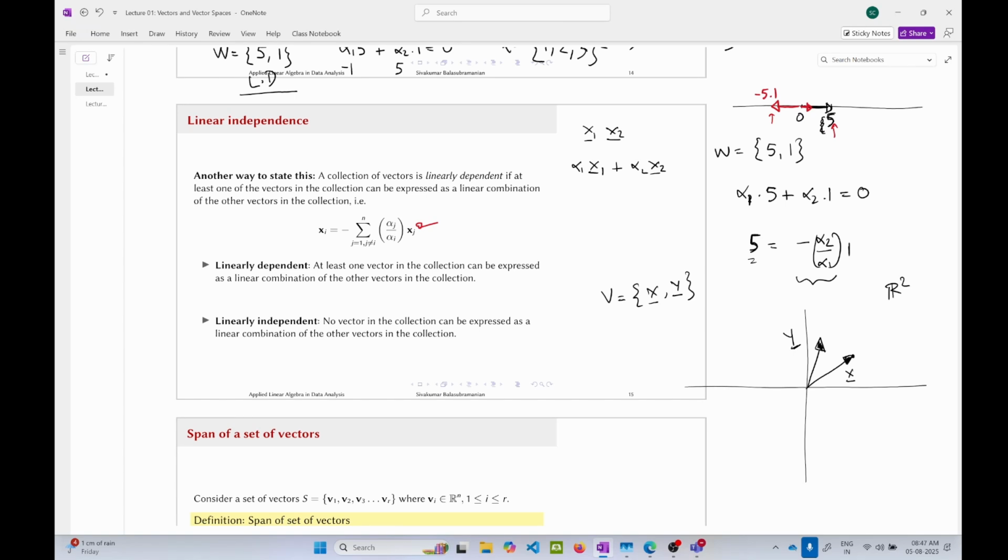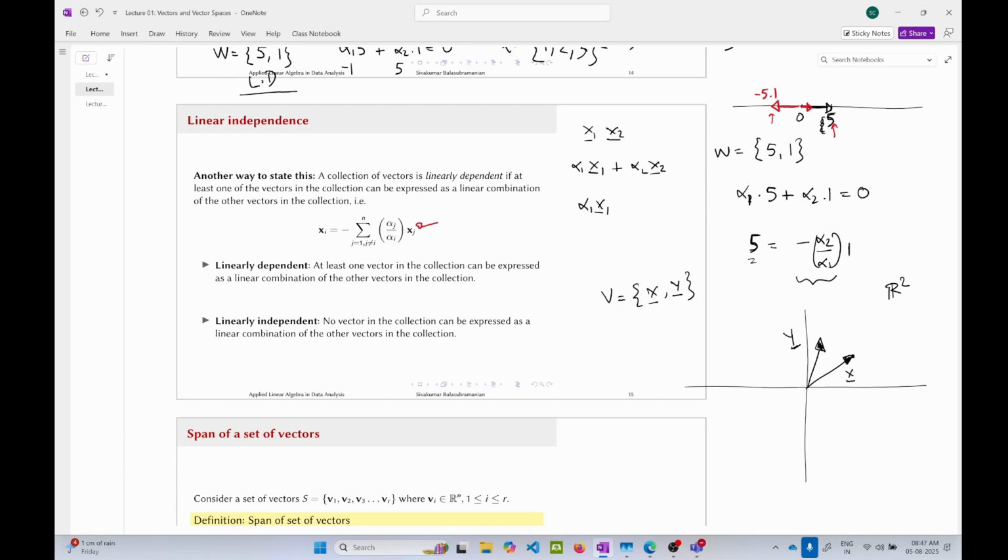If I have only one element, and I say I'm taking a linear combination of that element, what am I doing? All I'm doing is multiplying it by some scalar. That's it. No addition. There is nothing to add. It's only one vector. For a single vector case, linear combination simply means you're multiplying it by some alpha.